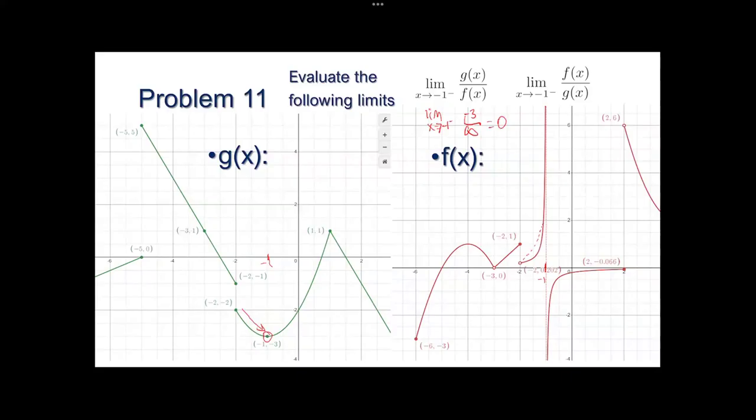So we found our limit for f of x, which is positive infinity. And then we have -3 for g of x. What is infinity divided by -3? Yeah. That should be our answers, yes.